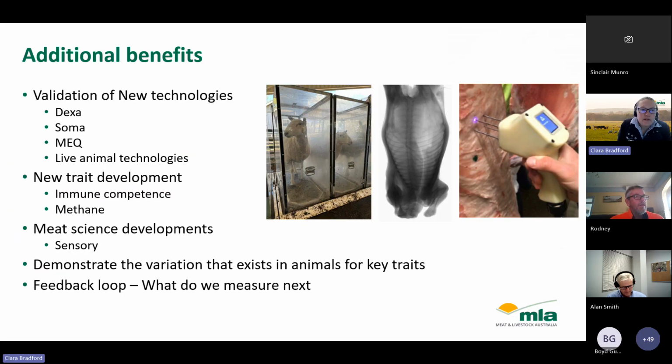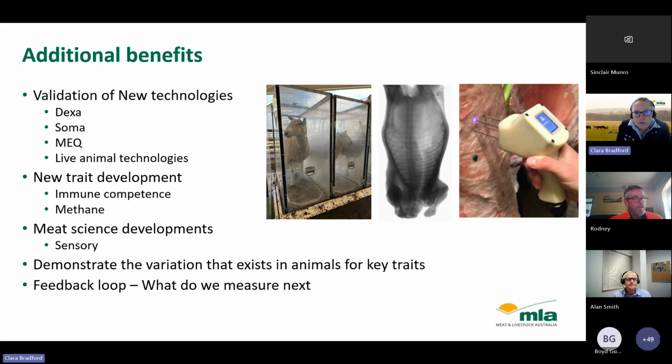Some of the additional benefits of reference populations are really worth noting. So there was a large investment called ArmTech, which essentially set out to find the technologies that we could measure some of those key traits in an abattoir or at processing speed. And the beauty about our reference population is we were able to use that group of animals to test and validate those technologies.